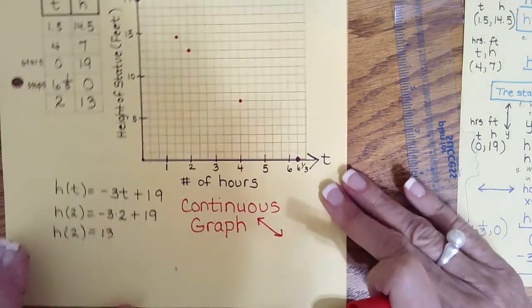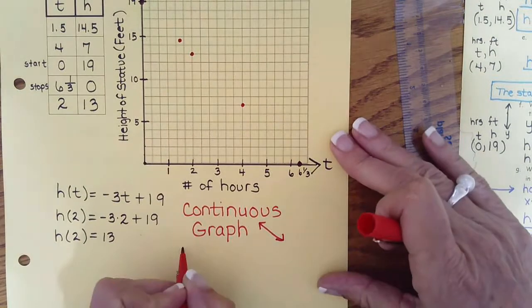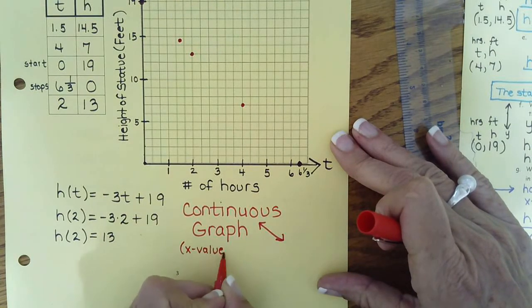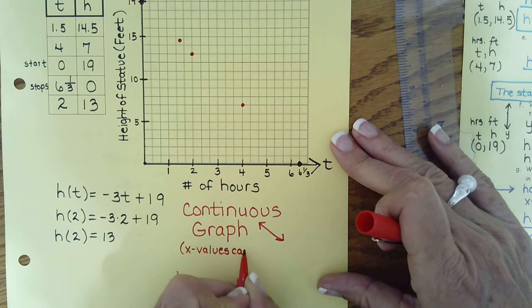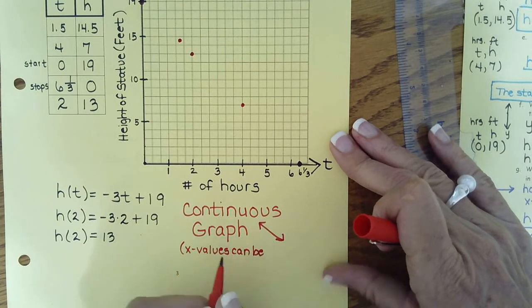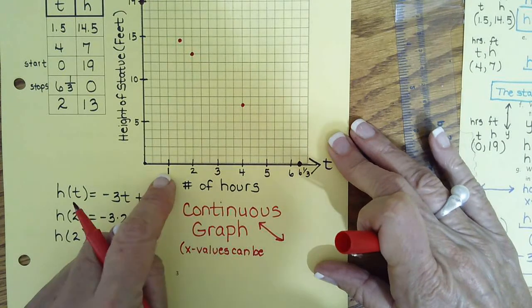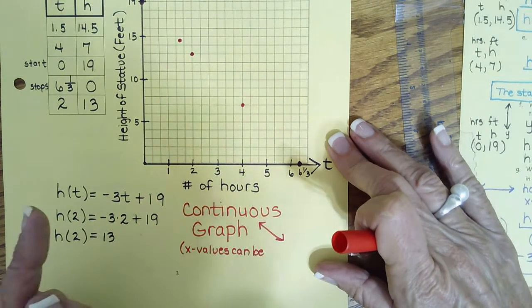And the reason it's continuous is because x values can be fractions and decimals. They don't have to be just whole numbers like how many cans of soda did you buy? 1 or 2. I can't buy 1.3.